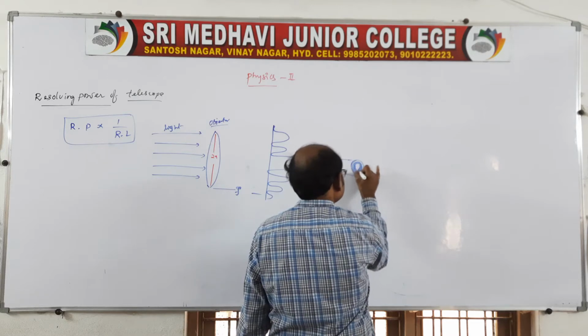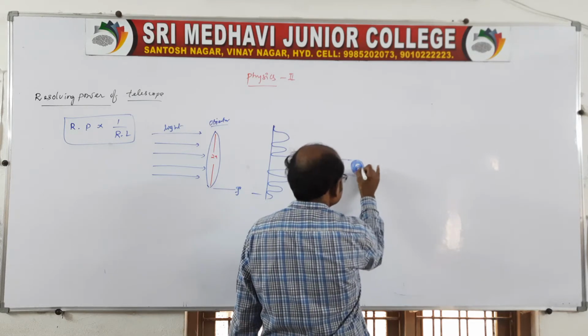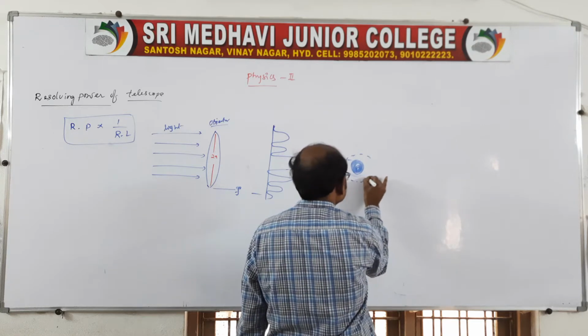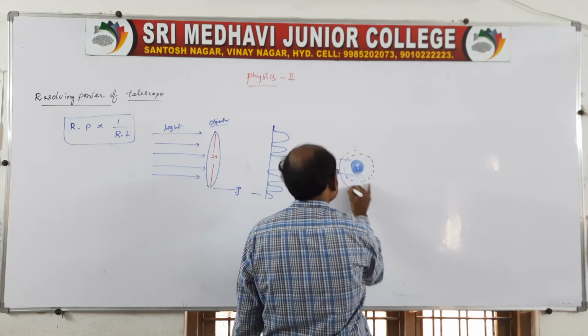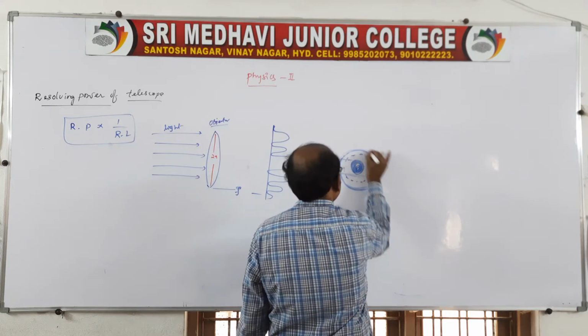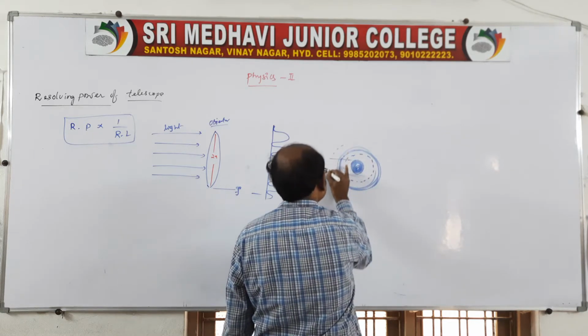After that it forms alternating minima, in the form of a circle like this. Again it forms one more maxima, and again one more minima.